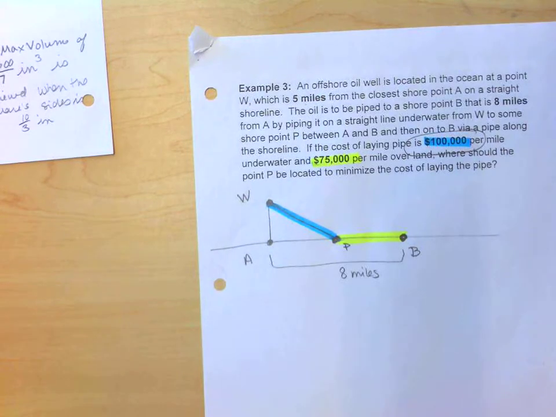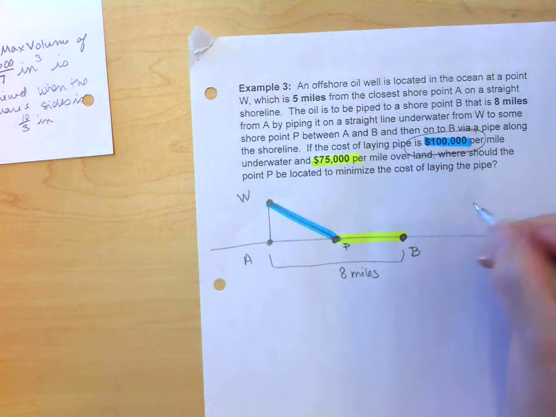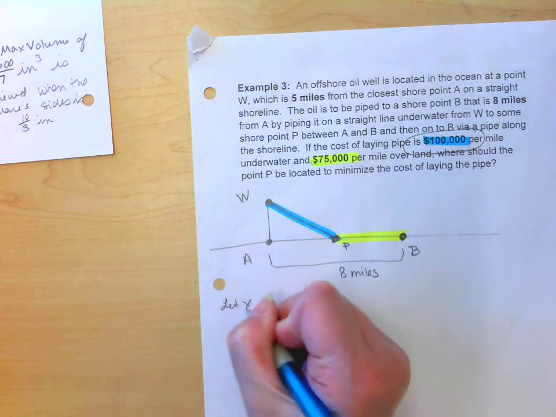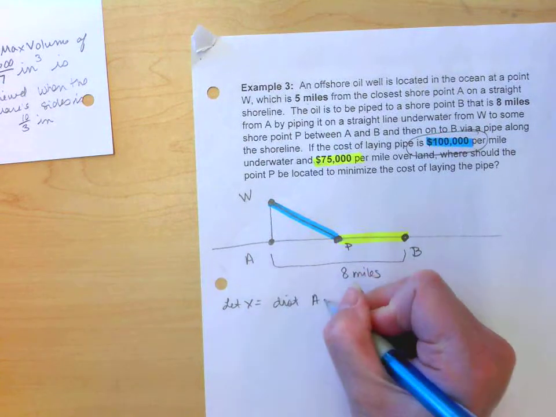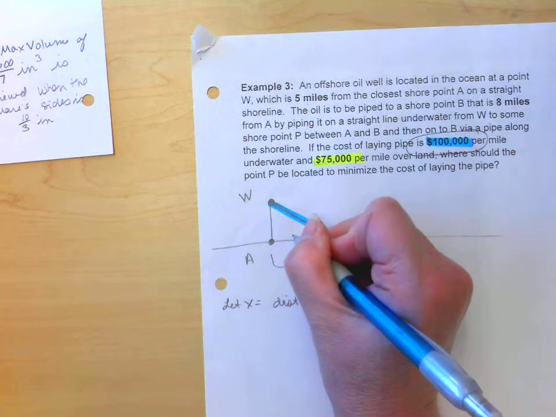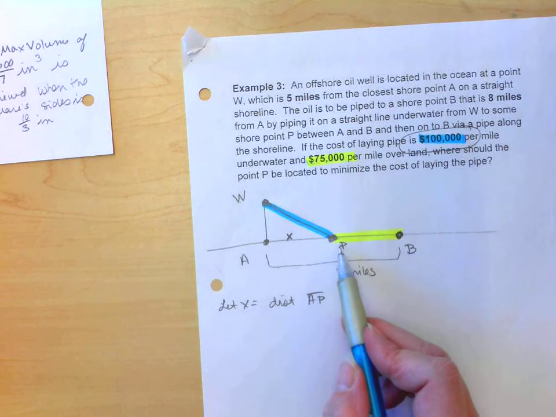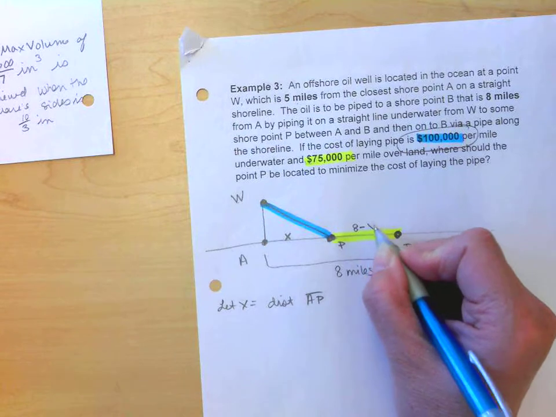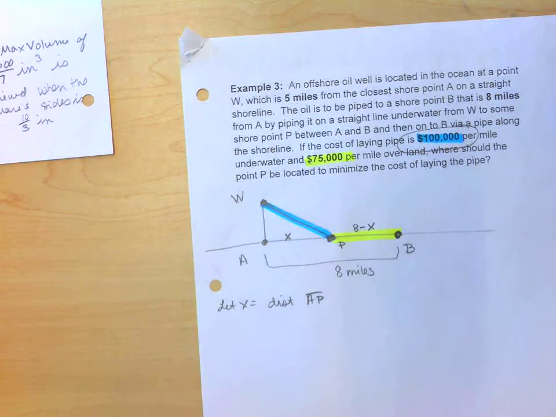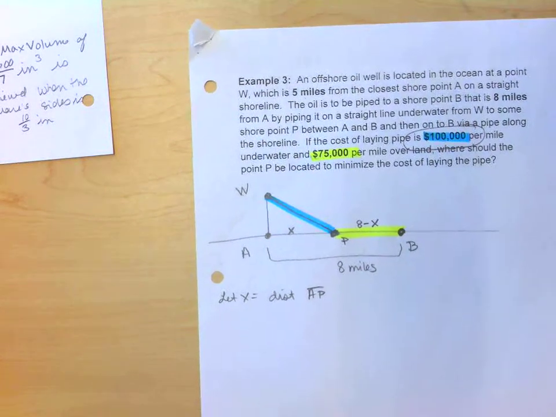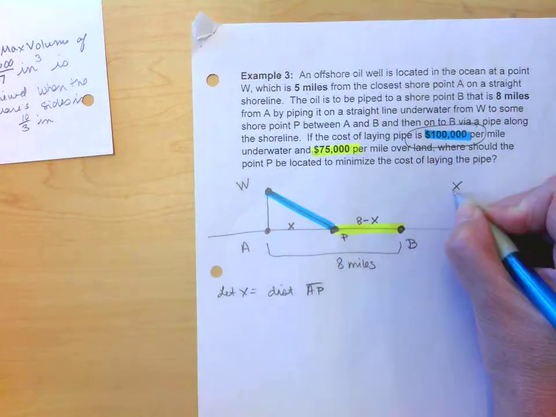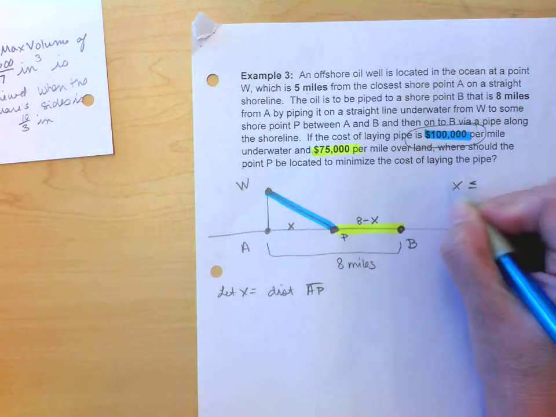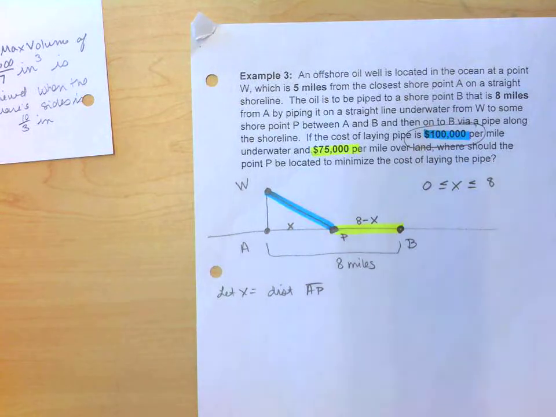So the last thing we need to do is set up the variable. Let's let x equal the distance A to P, and now we could call PB 8 minus x, and we could also say that x is going to have to fall between 0 and 8.